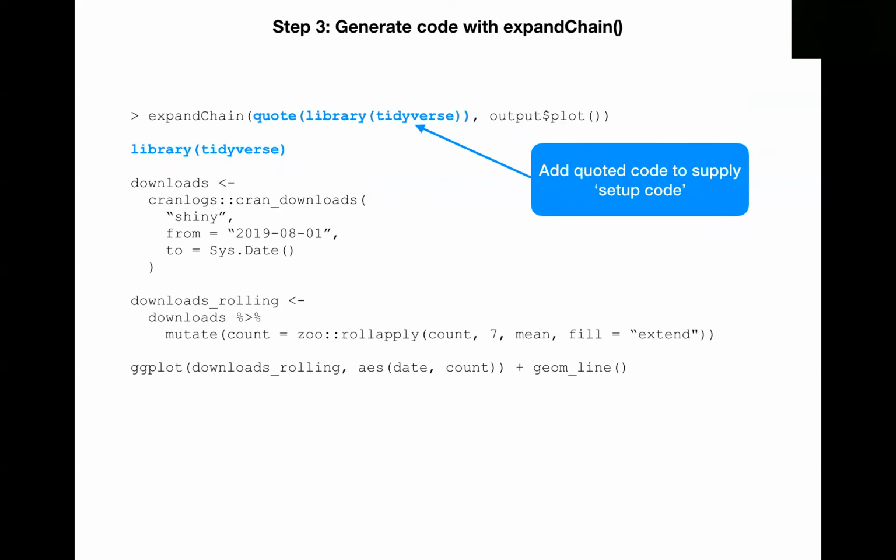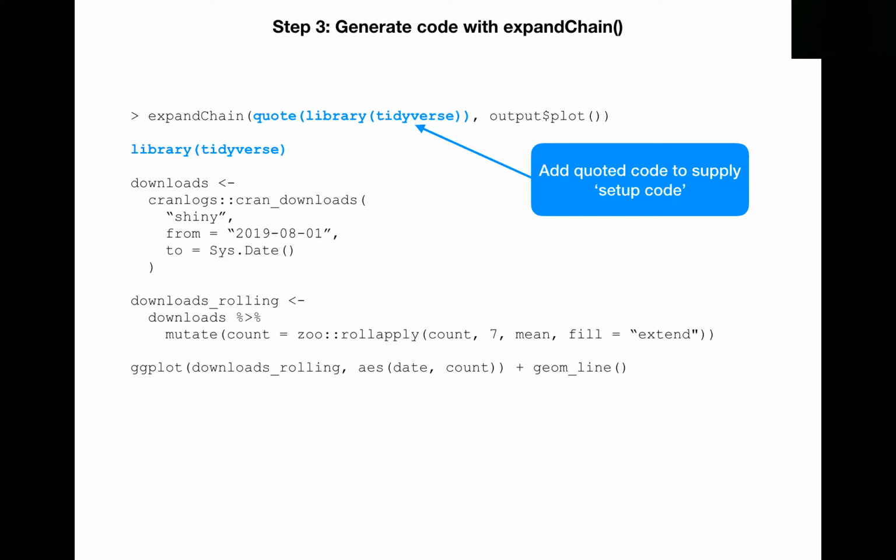And then in this situation, we're actively working on a better solution to this problem, but you can also supply quoted code to expand chain. We see this mainly right now as a workaround for providing some setup code so that somebody could copy and paste and use this outside of the Shiny app.